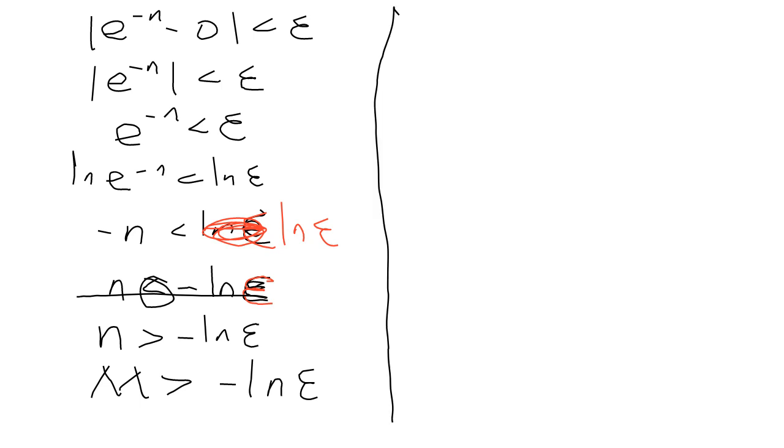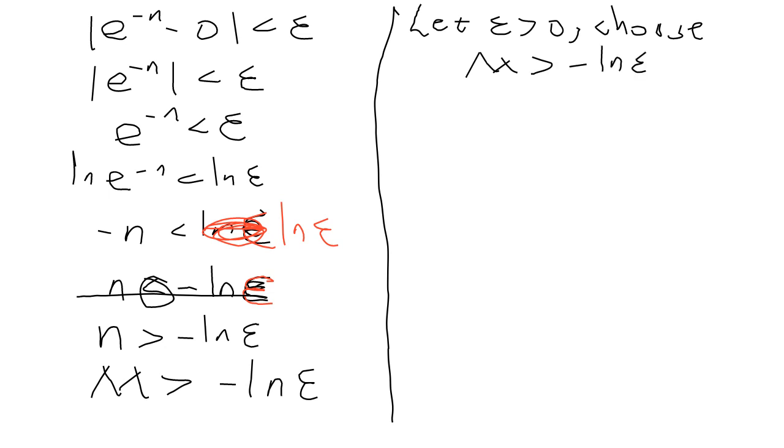It's pretty small. So now that we have gotten our n, you remember this first part, you're going to say let epsilon be greater than 0. Always start with that. And choose whatever n you wanted or you found. Choose n to be greater than negative ln epsilon. All right. So we start with it again.